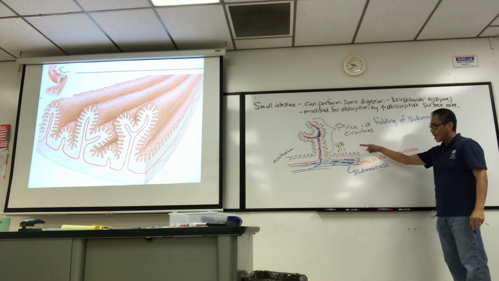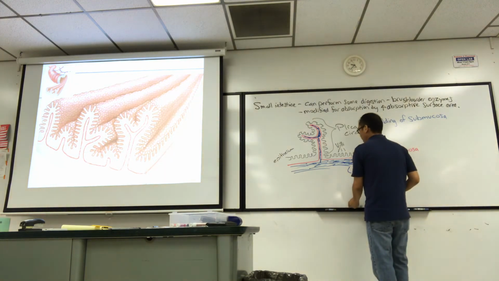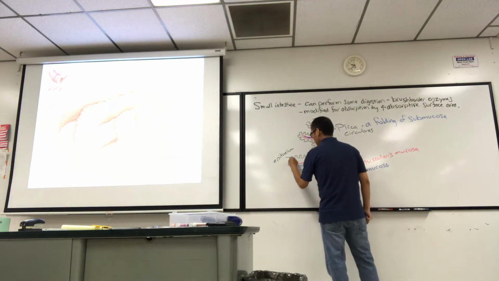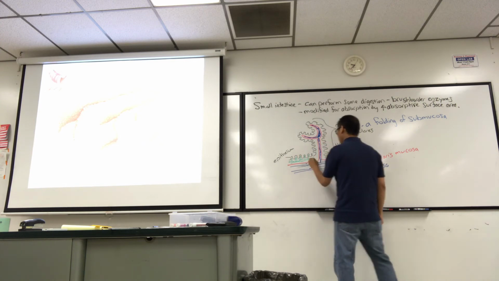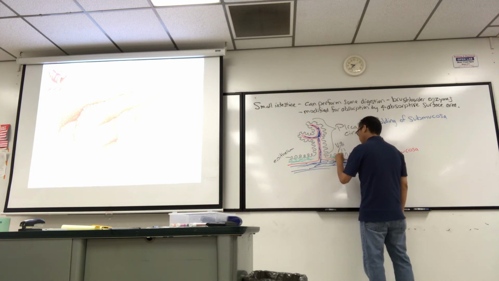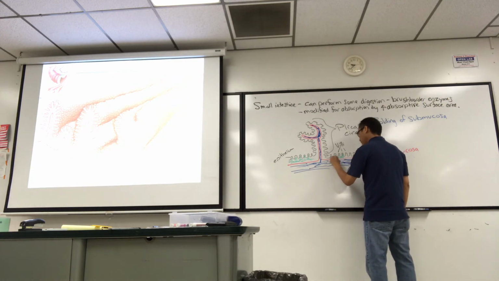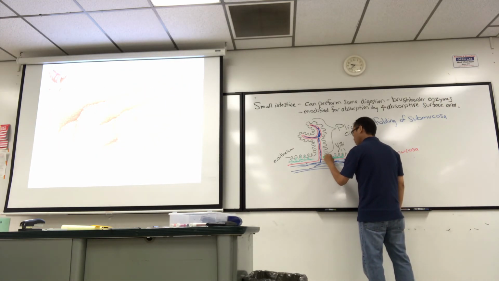Now those villi, that epithelium, deep to that will be connective tissue. I believe we called it lamina propria. Green for that. I don't want to draw it everywhere, but I'll draw it in some places, like here, where I label the villi. So what I'm drawing in green is still connective tissue, but we just called it lamina propria.